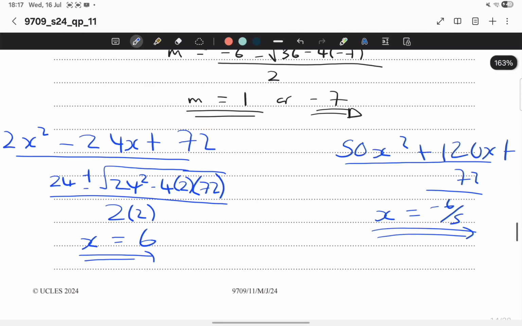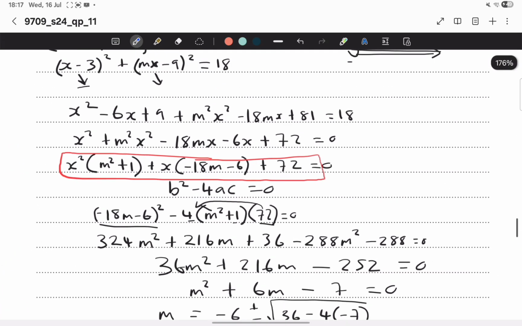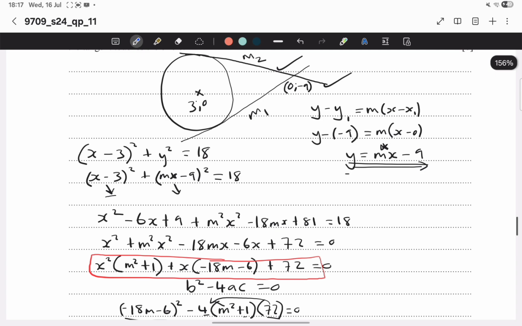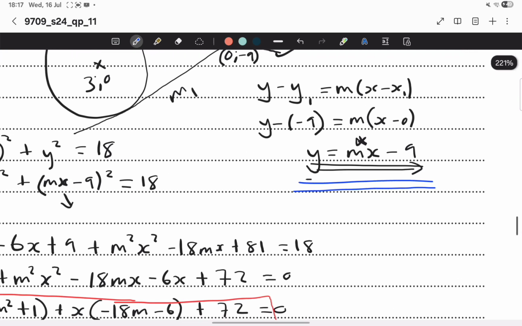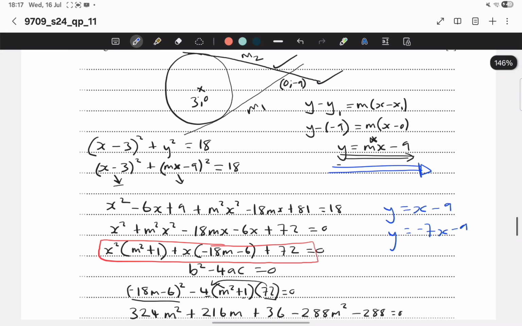So these are the x values, and to get the y values, remember we use the equation y = mx − 9. Substituting the values of m, it will be y = x − 9, and y = −7x − 9.